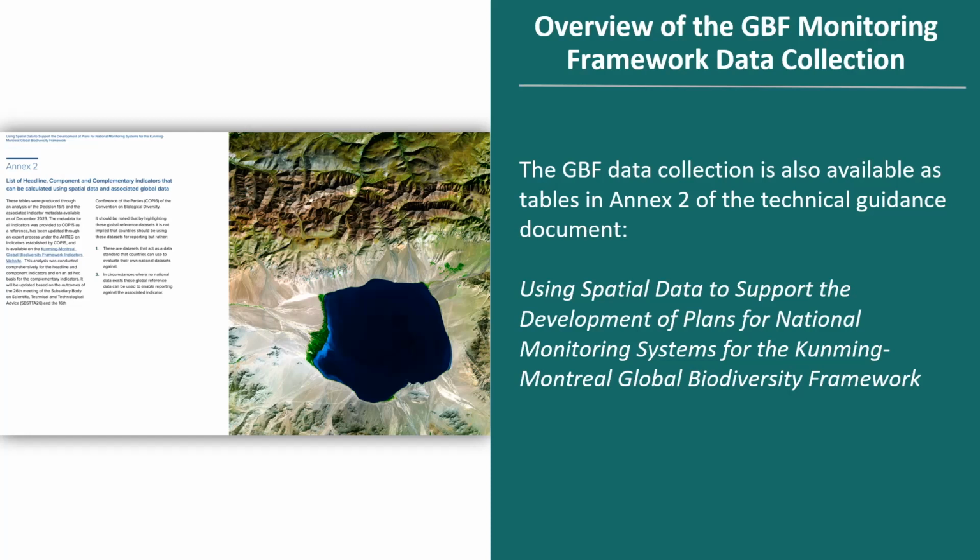The GBF data collection can specifically be found in Annex 2 of the document, and it is presented as tables, including the spatial datasets for headline and component indicators, and for complementary indicators on an ad hoc basis. As my colleague mentioned, Annex 2 additionally contains guiding questions to support countries to identify existing national datasets.